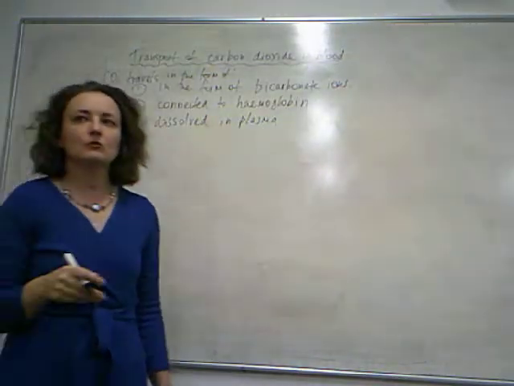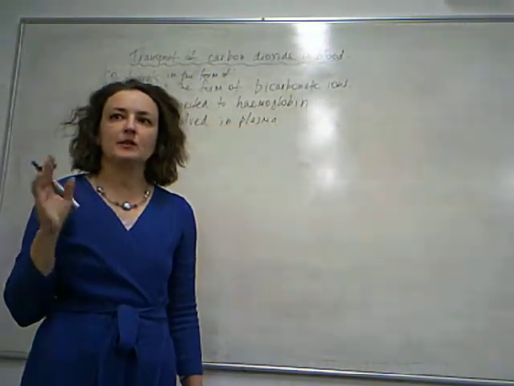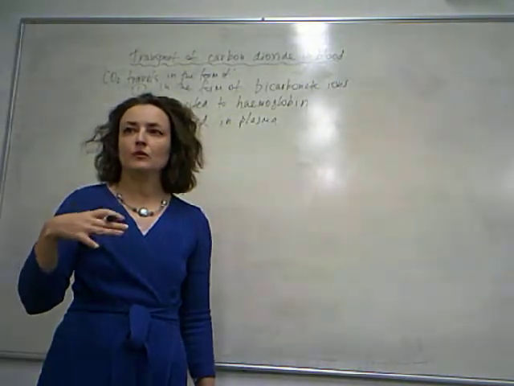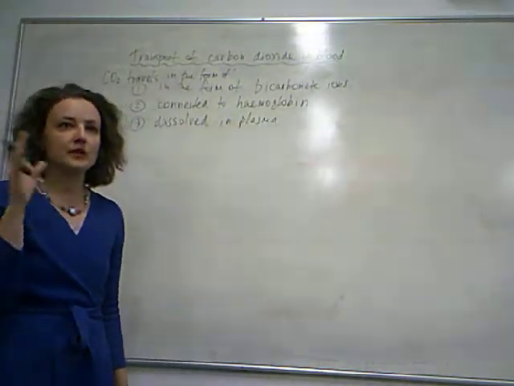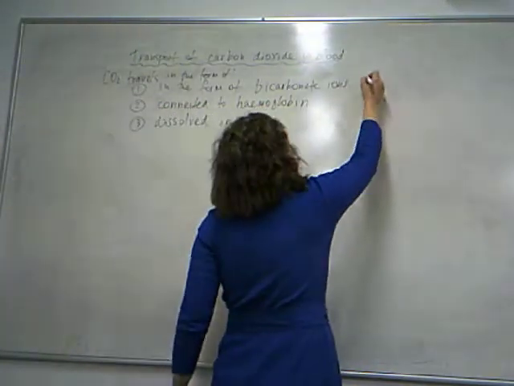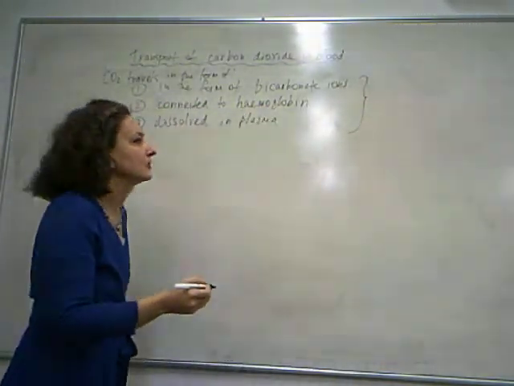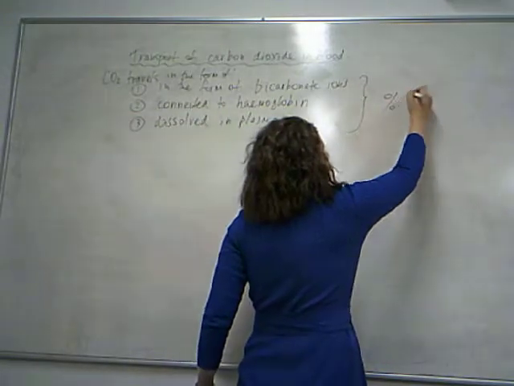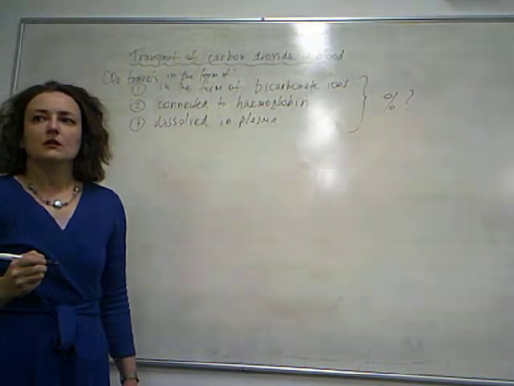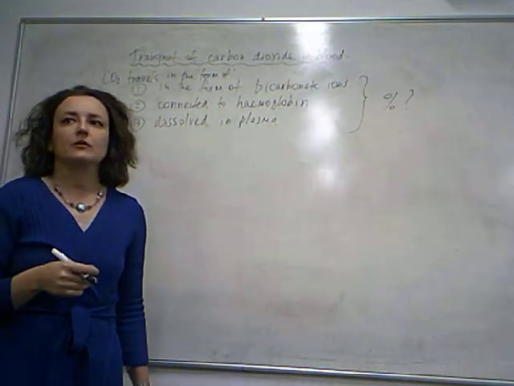So you could actually look up online the relative percentages of each way in which carbon dioxide is traveling. And I'm going to leave that to you. Is that okay? Right? So I'm not going to give you the percentage, but you find it out, right? So what percentages are going to go with each method?